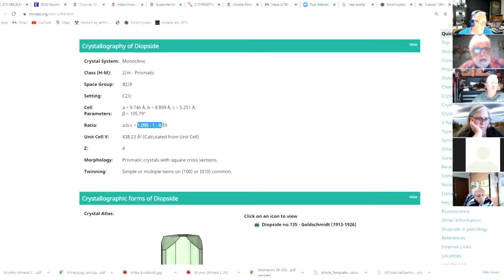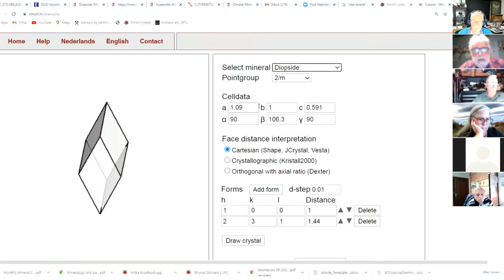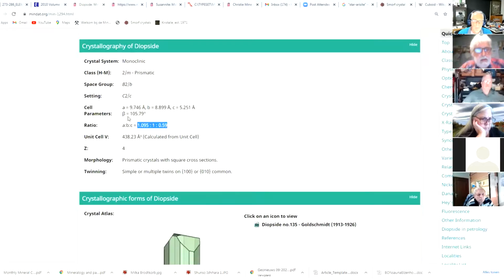So you can also use the ratio, which is what is done here. 1.091, 0.59. That's exactly the same as what we see here: 1.091, 0.59.